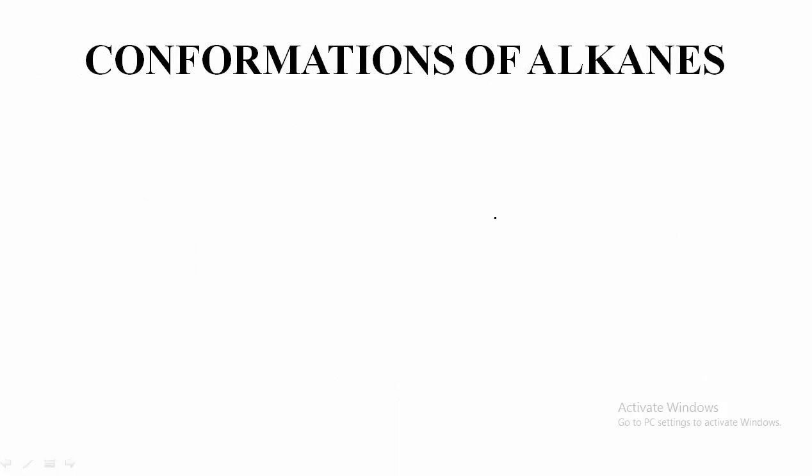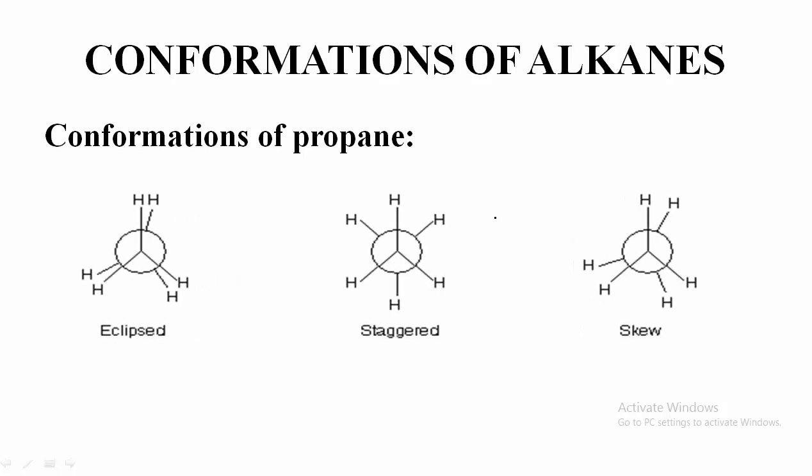We will see conformations of alkanes. As you already know, there are two different ways to represent the conformations, that is Newman projection and Sawhorse projection. We will see the conformations of propane, because we have already studied the conformations of ethane. Conformations of propane can be observed in three different types, that is eclipsed, staggered and skew.